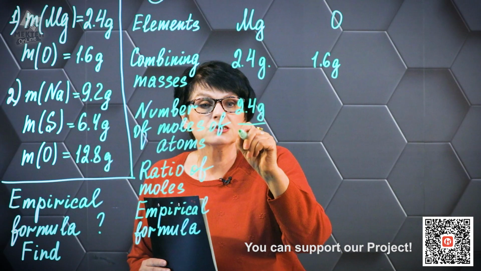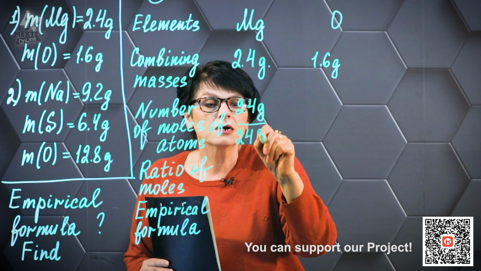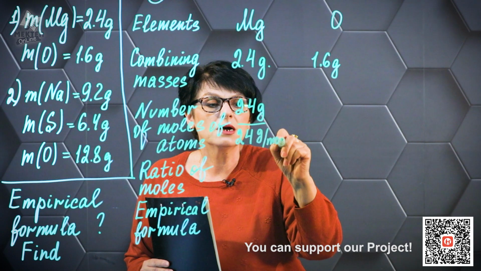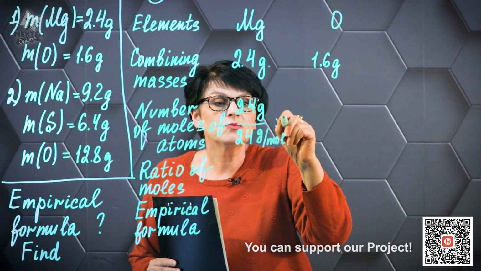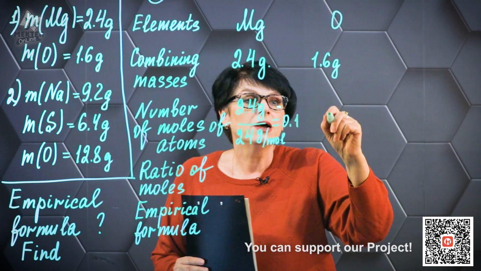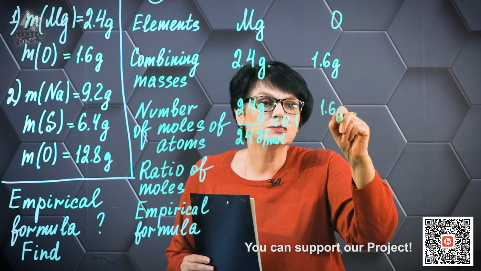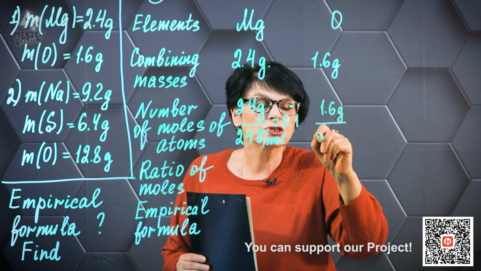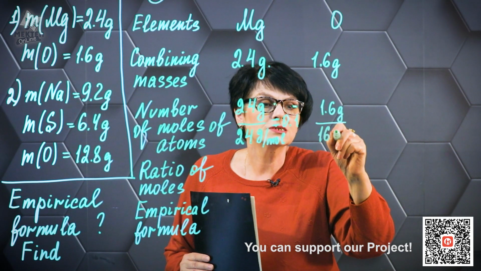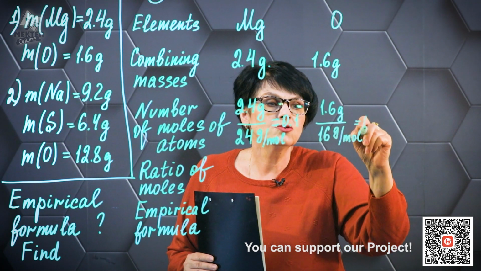Then it turns out we divide for magnesium by 24 grams per mole, and that gives us 0.1. For oxygen, it will be 1.6 grams relative to 16 grams per mole, and this will also be 0.1.